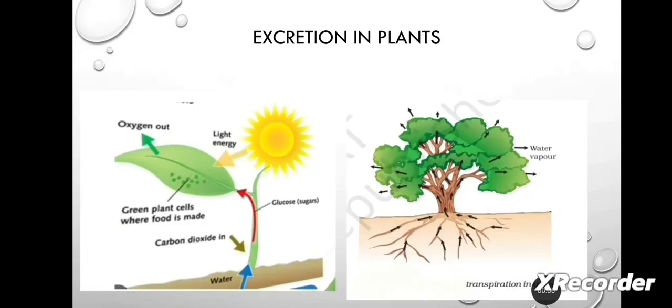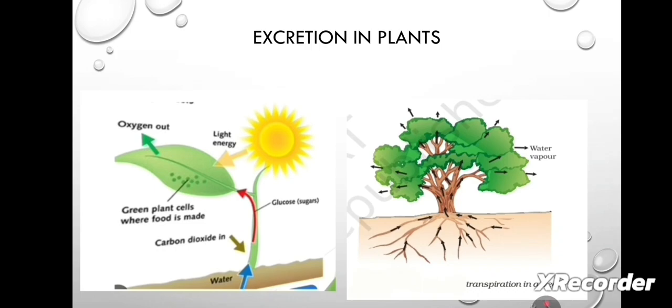Now excretion in plants. Plants use completely different strategies for excretion than those of animals. Oxygen itself can be thought of as a waste product generated during photosynthesis. We have discussed earlier how plants deal with oxygen as well as CO2. They can get rid of excess water by transpiration.